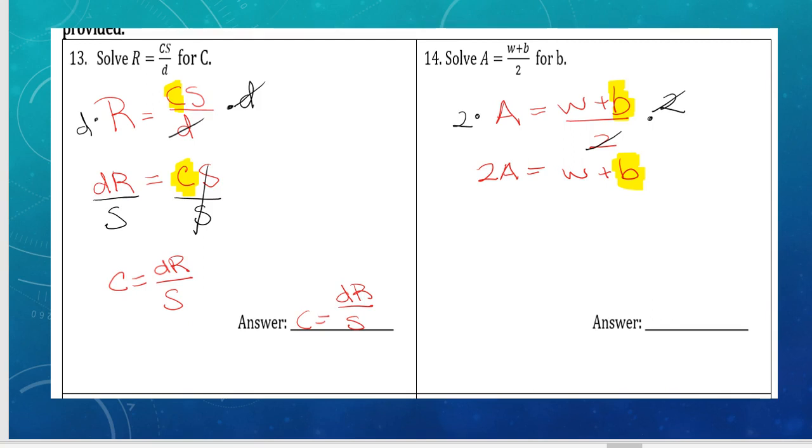So looking in front of W, it is positive. I move positive terms with a negative. So a positive W moves by using a negative W, or minus. And we now know that B equals 2A minus W. Let me write that in the answer line.